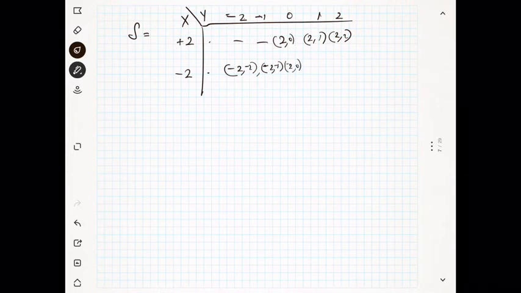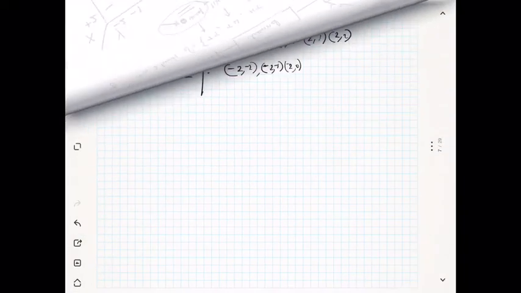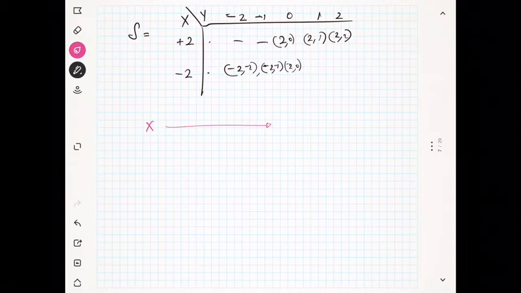So in the first situation, the question is given like this: find the set where the transmitted signal was definitely +2. So you can get an output where you don't know what is transmitted, but you have a situation like, for example, 2 and 1.